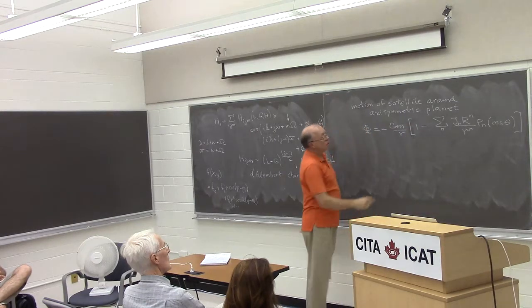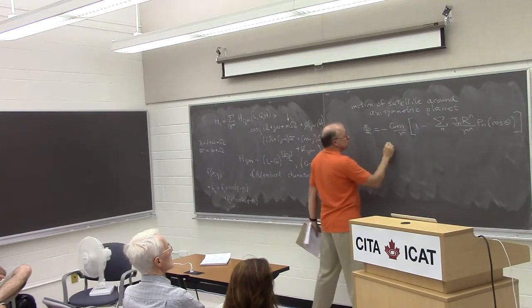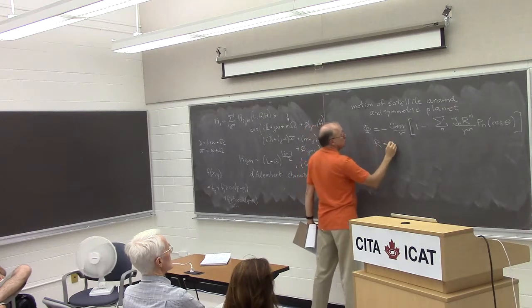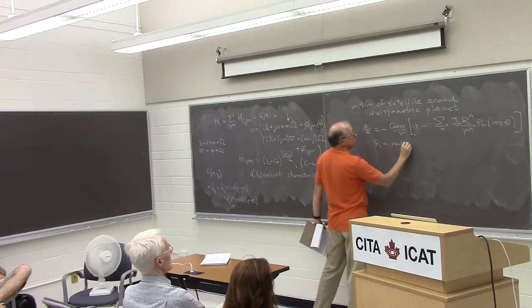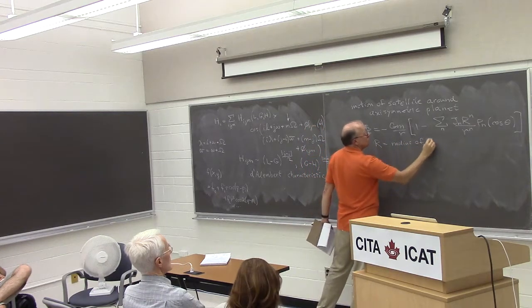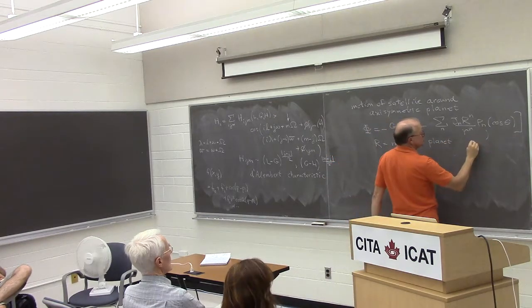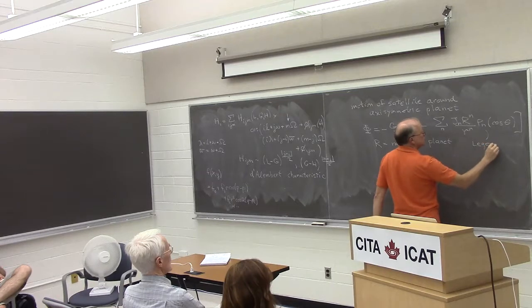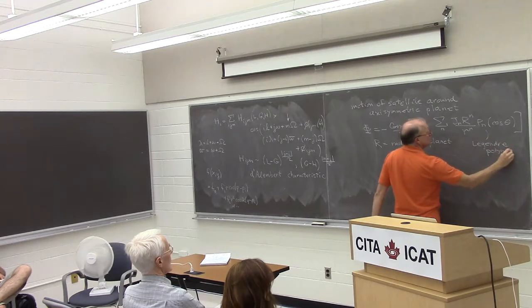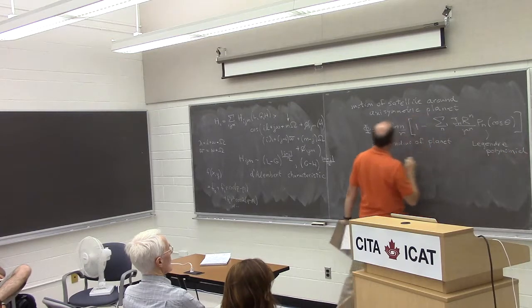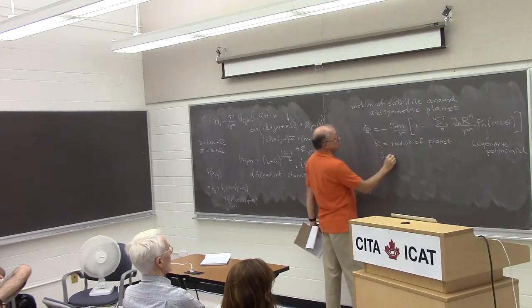So R is the radius of the planet, and Pn is a Legendre polynomial. And Jn is the multipole moment.